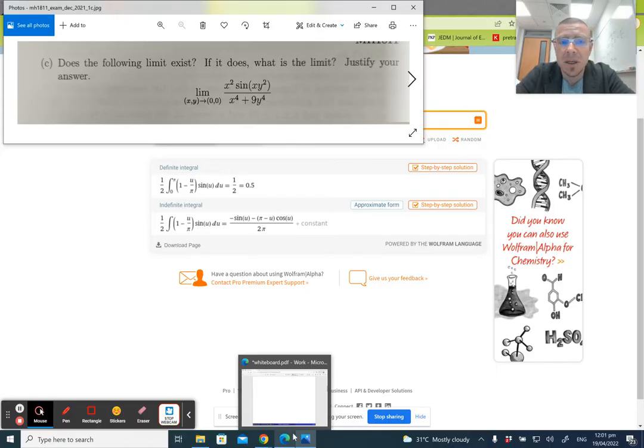But then without this sine, the numerator is going to be a polynomial of degree 5, right? So it's going to have x cubed times y squared. But the denominator is going to be a polynomial of degree 4. And 5 minus 4 is 1. So the overall fraction behaves like a polynomial of degree 1, which means that at 0, its limit should be 0, right?